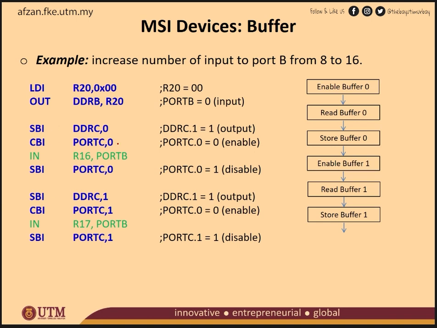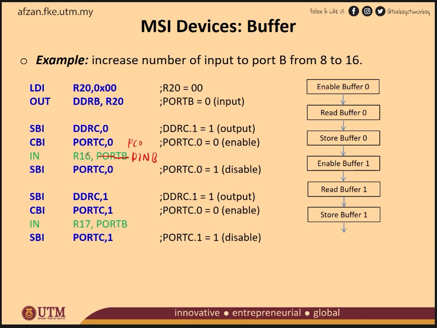Here you see, you enable the first, the PC0, while PC1 you disable, and then you read any value coming from pin B, not port B, because this is input. Any value coming from pin B you put to your R16.